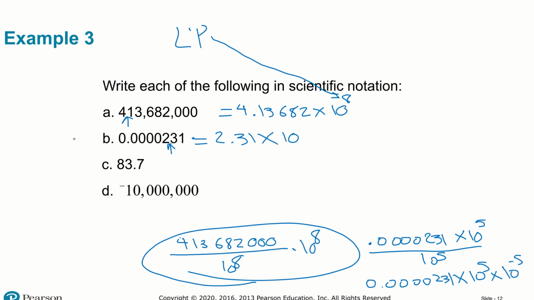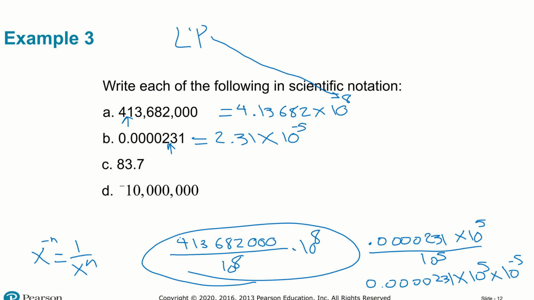Remember the rule that if you have x to the negative n, that's 1 over x to the n. That's the rule we're using. So here we realize that in order to move the decimal 5 to the right, we have to compensate by multiplying by 10 to the negative 5.